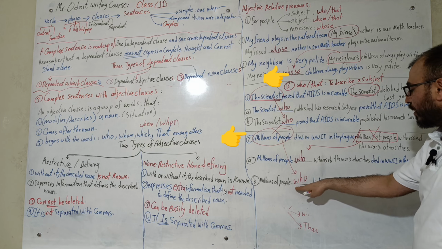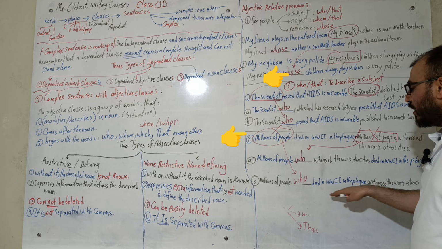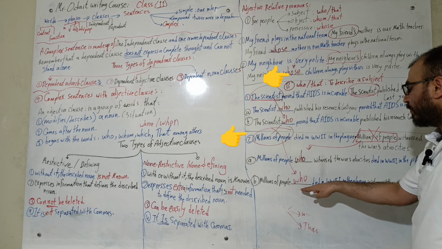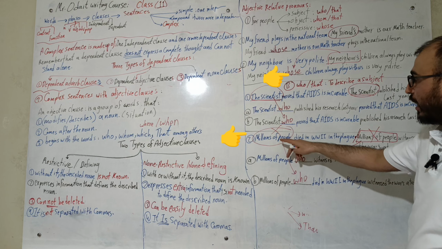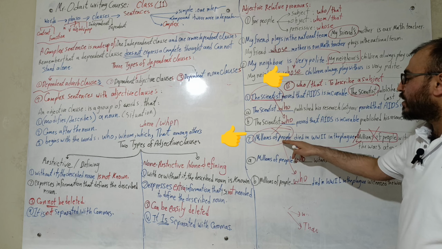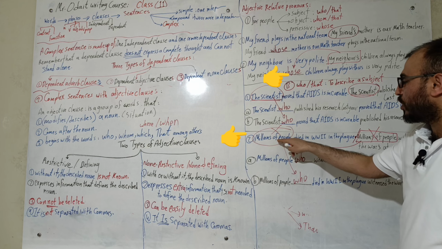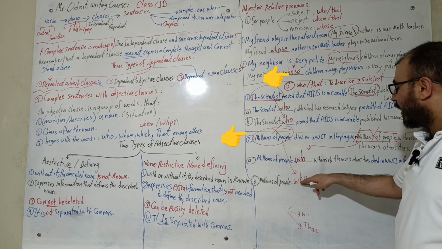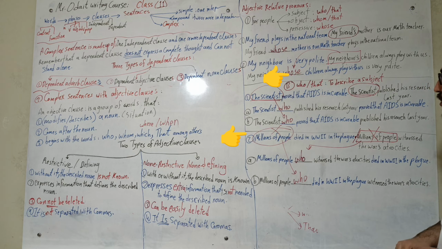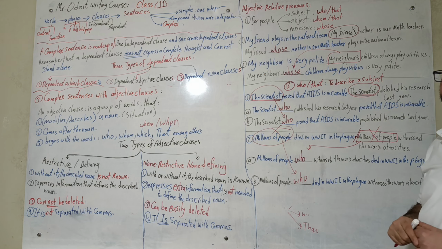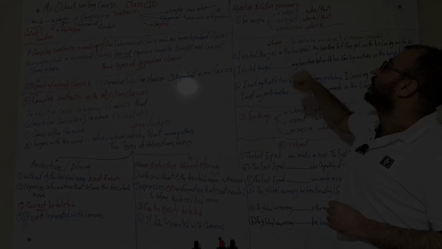Now, my friends, this clause is a dependent or subordinating clause because I changed the subject, which is a noun phrase, and I put a subordinating conjunction to transfer it into a dependent clause.